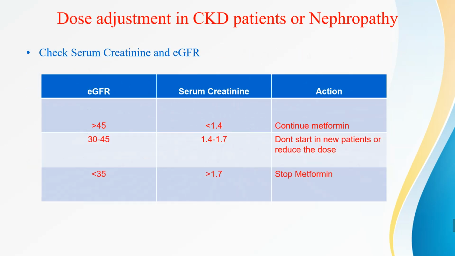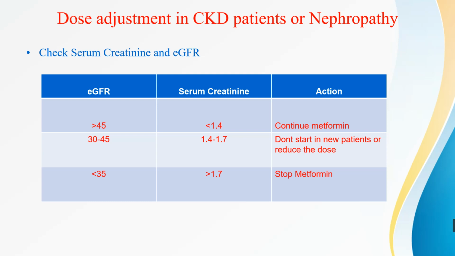In nephropathic patients or patients with CKD, we have to modify or titrate the dose of metformin. If the patient's eGFR is more than 45 and serum creatinine level less than 1.4, we can continue the metformin.